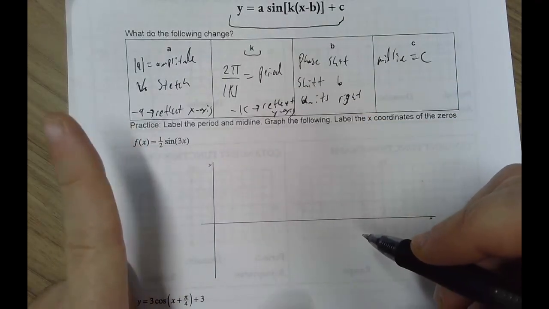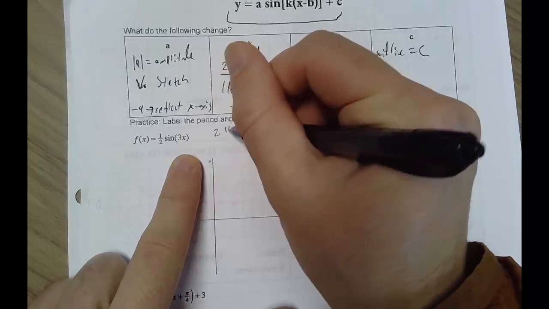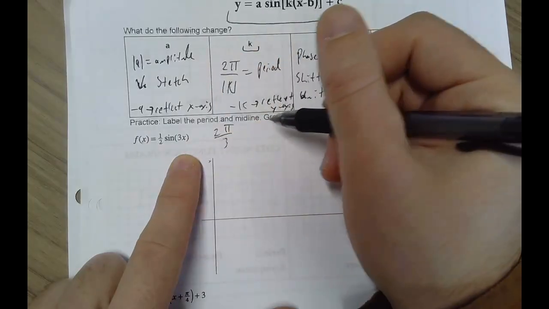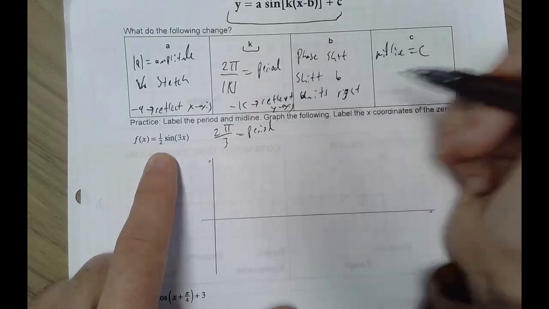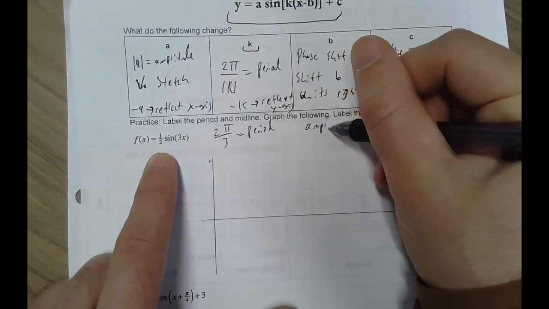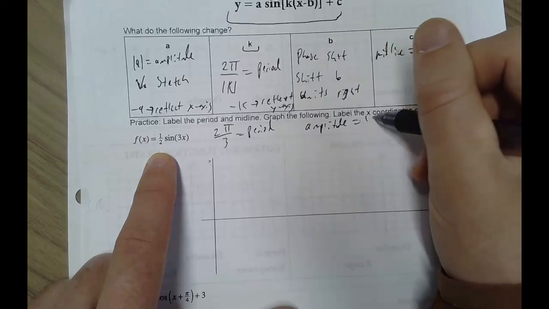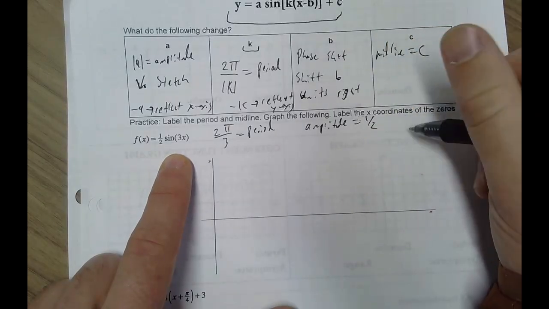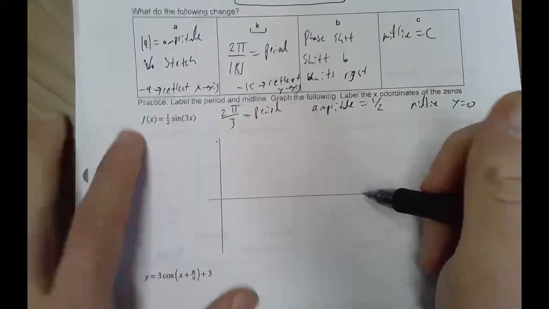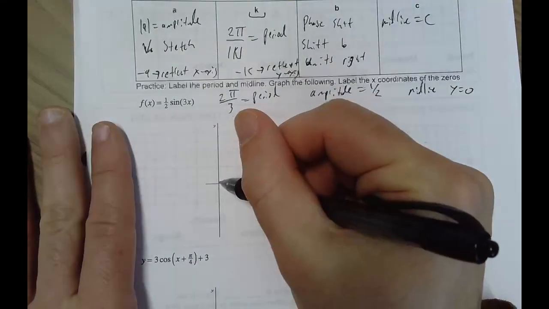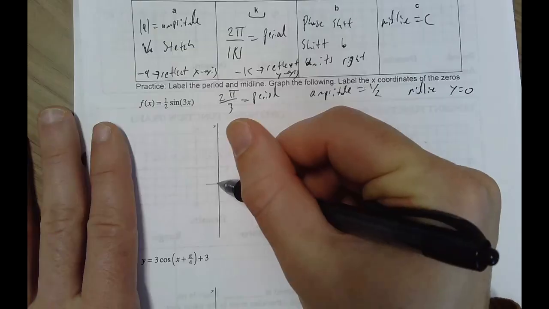So period here is 2 pi over 3 equals the period. And my amplitude is 1/2. And then midline is still y equals 0. So this is going to look like a sine wave. In fact, I can just draw a sine wave.